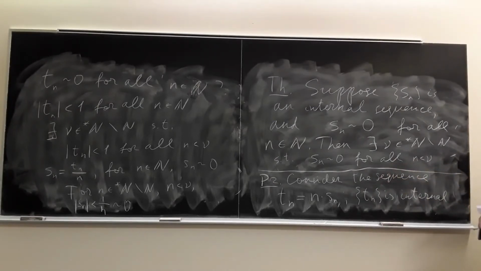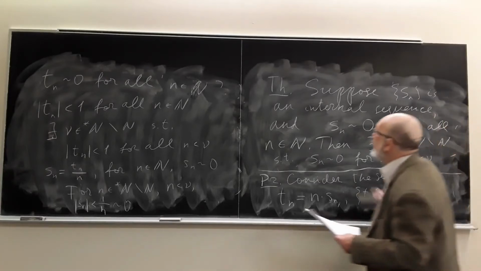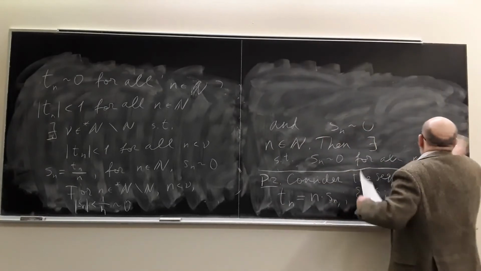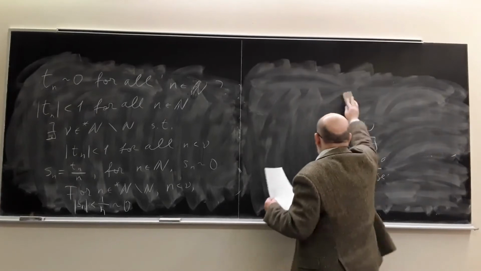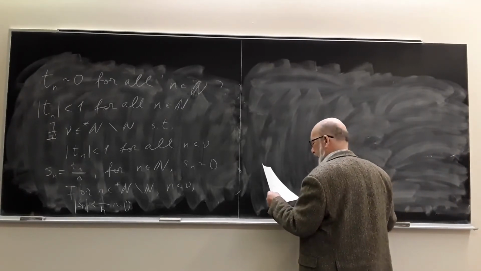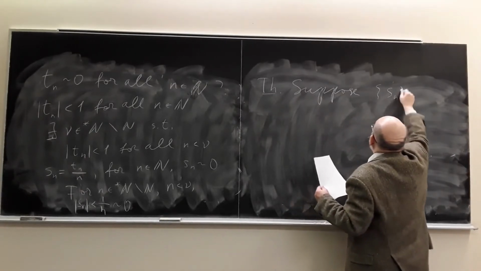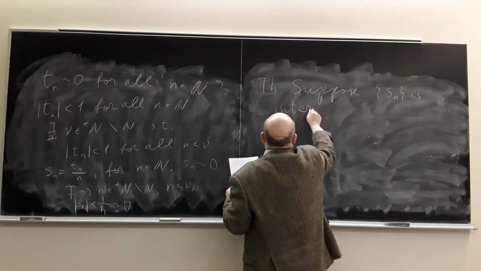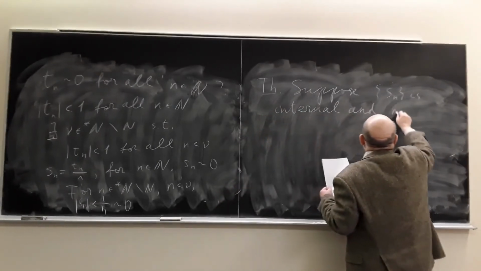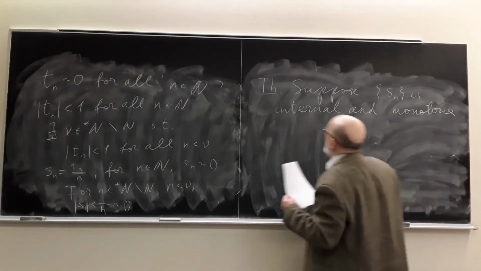And now I finally reach, okay, the promised overspill, or another variation of it. Suppose Sn is internal and decreasing.